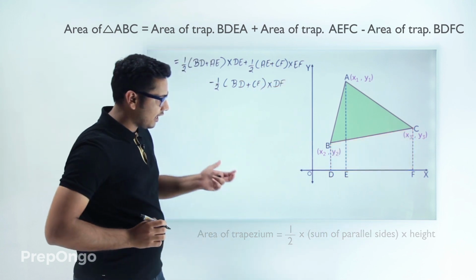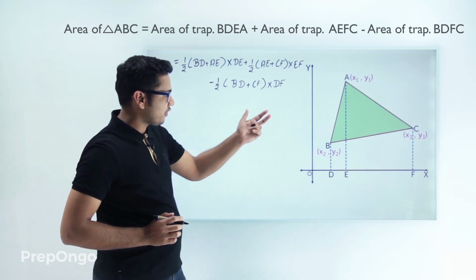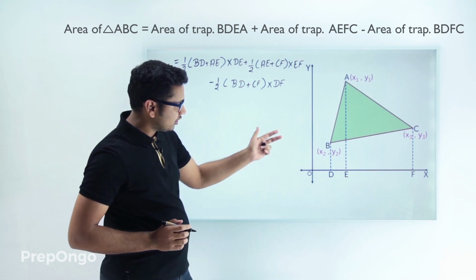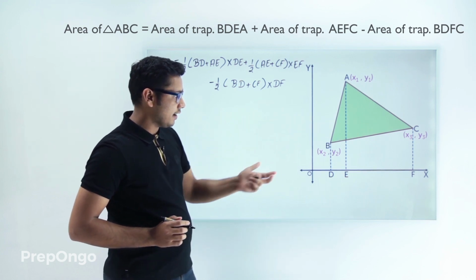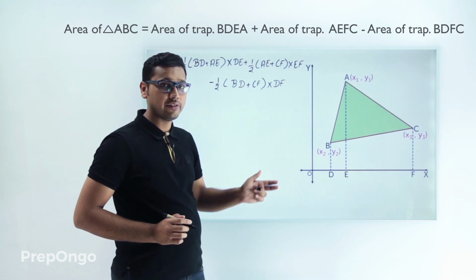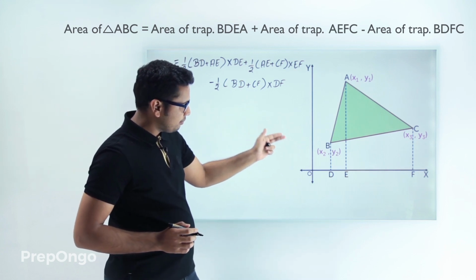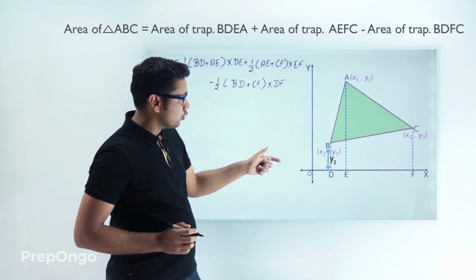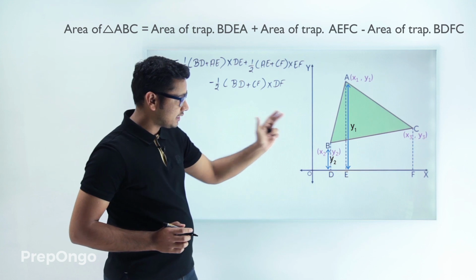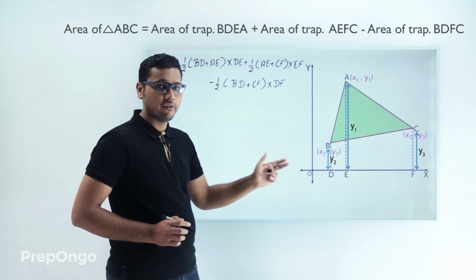So just put the values. We know the coordinates of ABC, so we can know the lengths of BD, AE, CF and also DE, EF and DF. So this length BD will be equal to y2, this length AE will be equal to y1 and this length CF will be equal to y3.